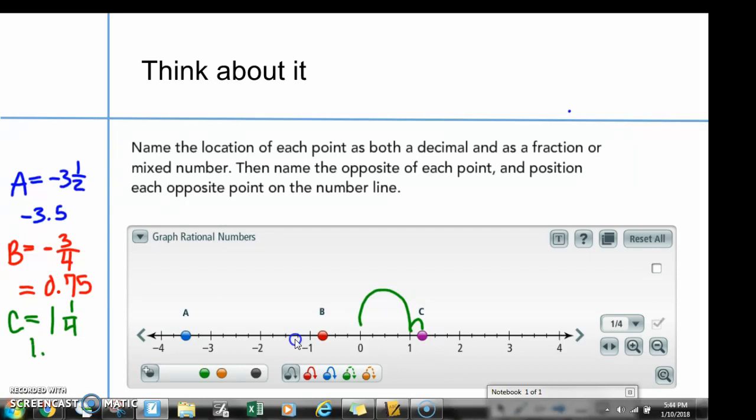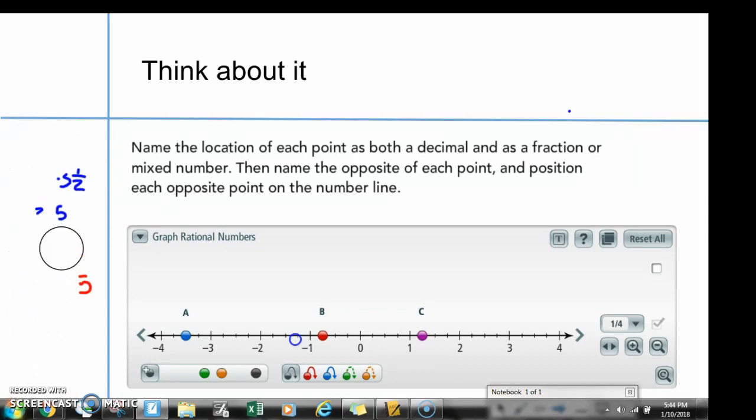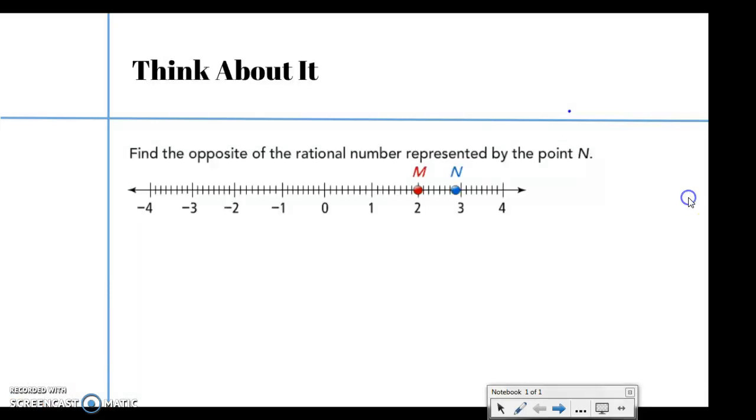Our whole number will not change. And earlier we found that 1/4 is the same as 0.25. Alright, so the answer for C is 1 1/4 or 1.25, or also said 1 25/100. Okay? I hope that is clear to you guys because you'll be doing this next part.